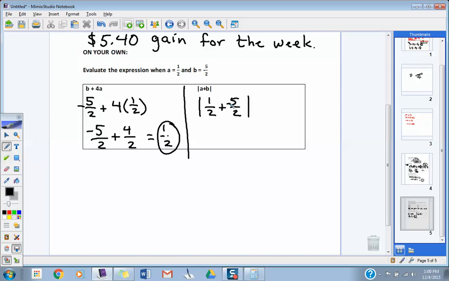So what's 1 plus negative 5 since the denominators are the same? That's negative 4, right? So this becomes the absolute value of negative 4 over 2. It's negative 2. So this is the absolute value of negative 2, but that absolute value is going to be what in the end? 2.